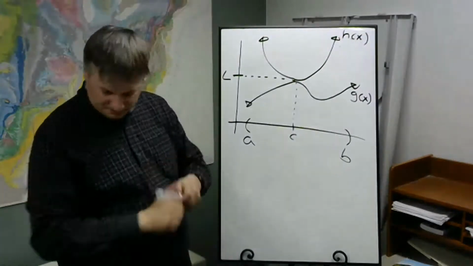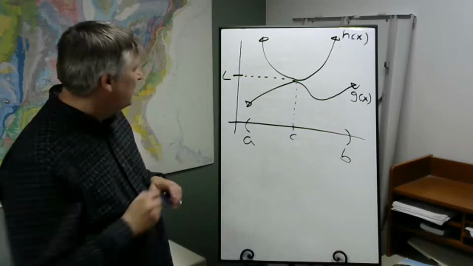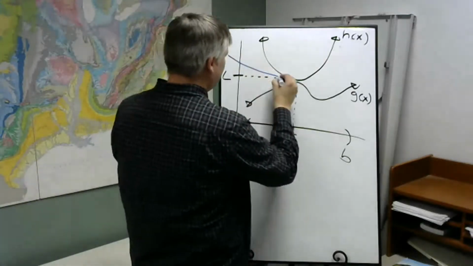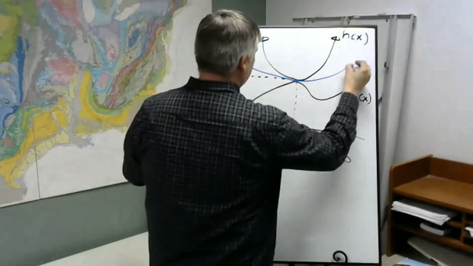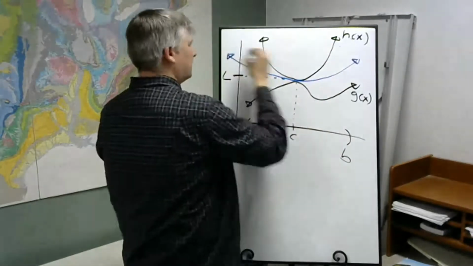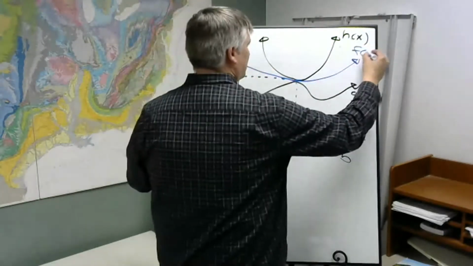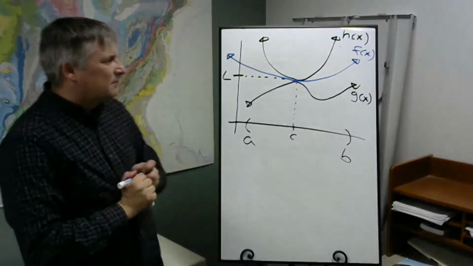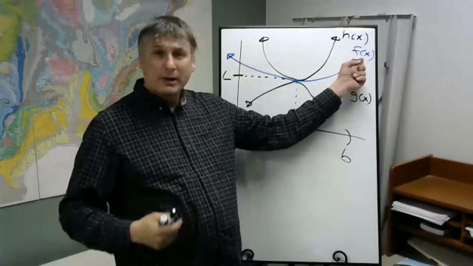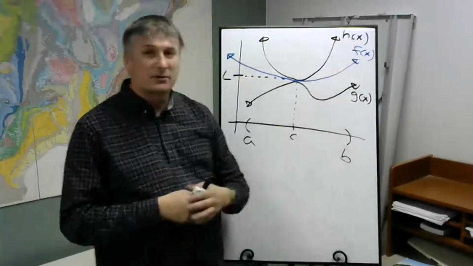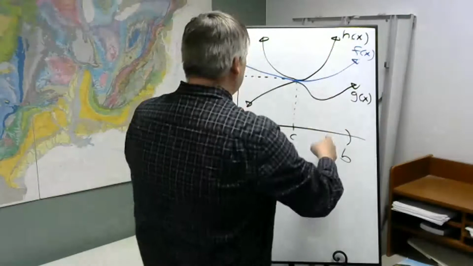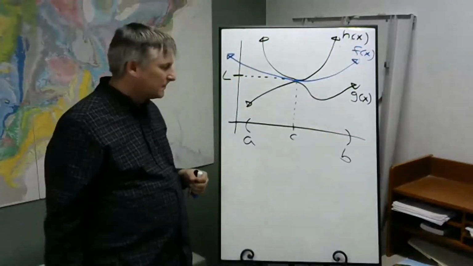Let's say that's h of x. And then what's between these two functions, this is f of x. So f of x is between g of x and h of x, and anywhere on this interval, let's say this is the case.